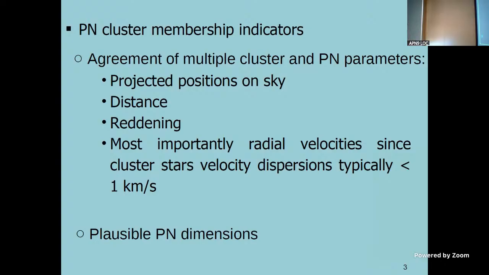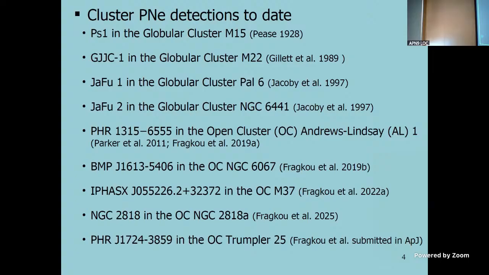Another indicator could be the atmospheric parameters. Unfortunately, such cases are quite rare. Until today, there are only 4 such instances identified in our galaxy in globular clusters, and 5 in open clusters. Here, we'll talk specifically about the detections of planetary nebulae in open clusters.